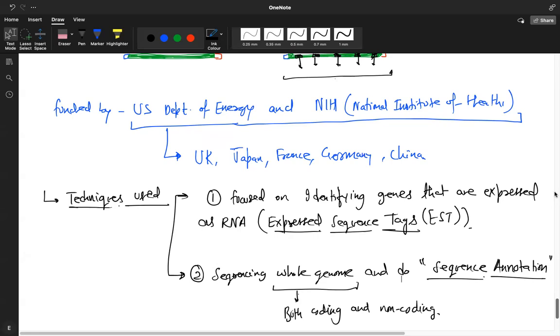Because it's random. So fragments will have overlapping regions. And on the basis of that overlapping region, you can say which fragment came first and which fragment came afterwards. So this is a complicated technique, but I'll tell you a little bit about overlapping fragments in DNA fingerprinting. But that's not exactly how sequencing was done, but similar. Okay.